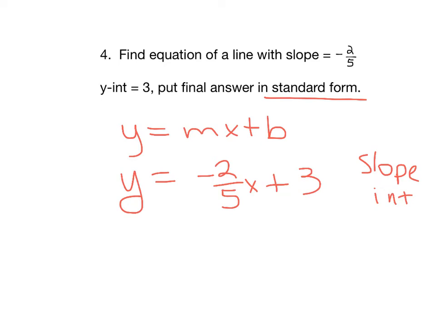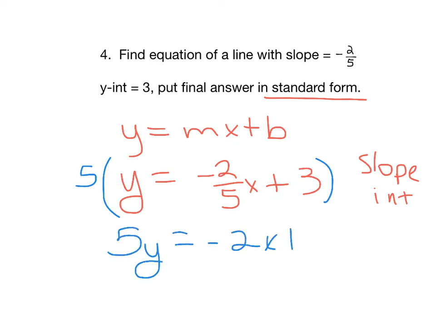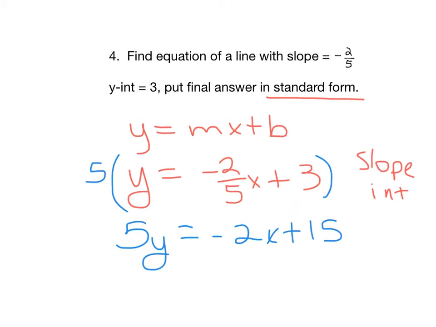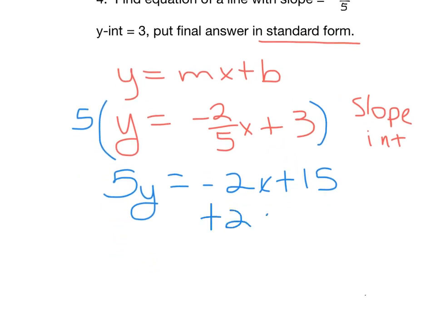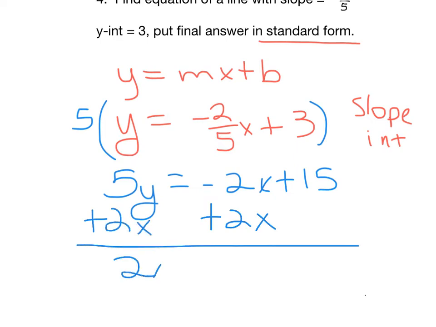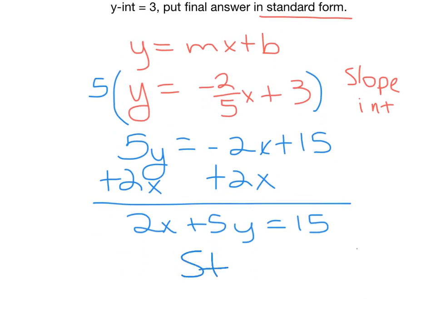So I'm going to first clear my fraction by multiplying everything by 5. So 5y equals -2x plus 15. And now to get it in standard form, add the 2x to the left. So 2x plus 5y equals 15. And now it's in standard form.